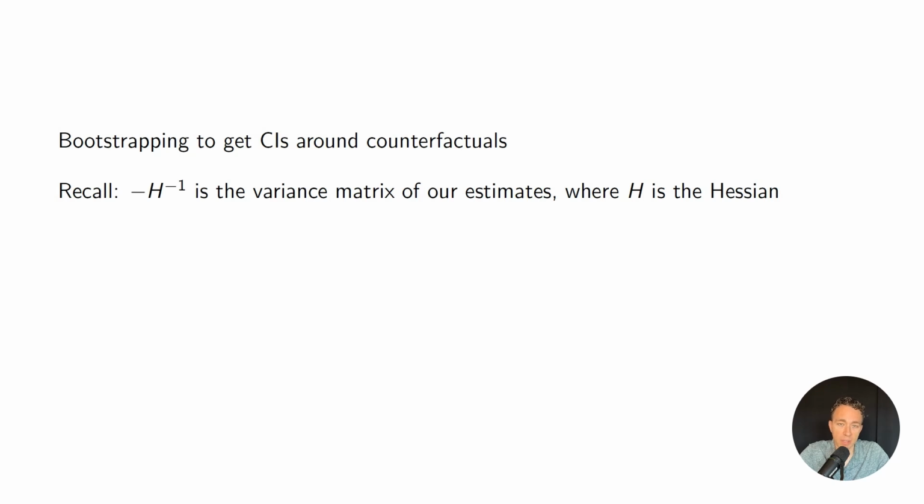And when I say Hessian, I mean the second derivative matrix of the likelihood with respect to the parameters. Then we're going to assume that our parameters are drawn from a multivariate normal that has a mean of the true value of these parameters, and the covariance matrix is the negative of the inverse of the Hessian.